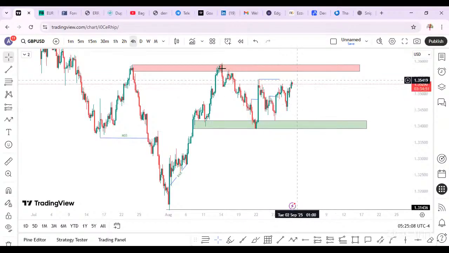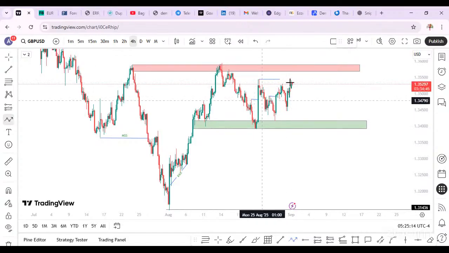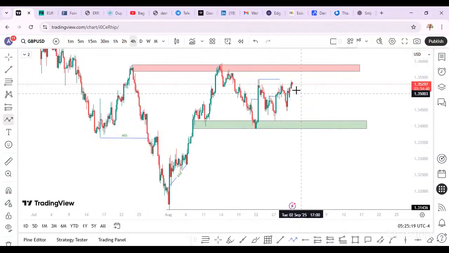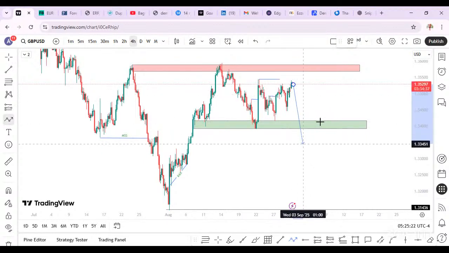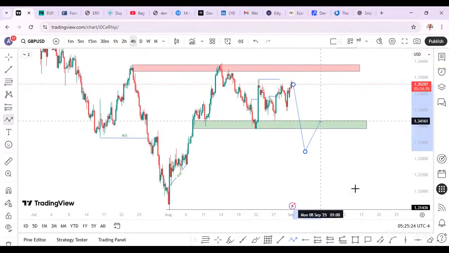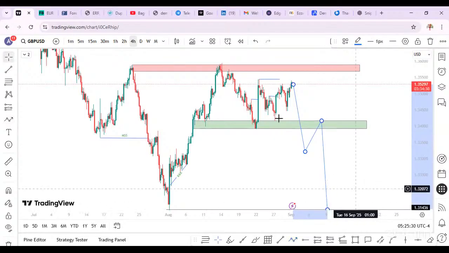Now you can see price is ranging between resistance and support. When price is ranging, what do you want to do around here? You see how price is messing up around here. So there's nothing. A good trade will be when price begins to trade and this becomes a resistance, then price will go to this low. There's a trend line liquidity that I built there.